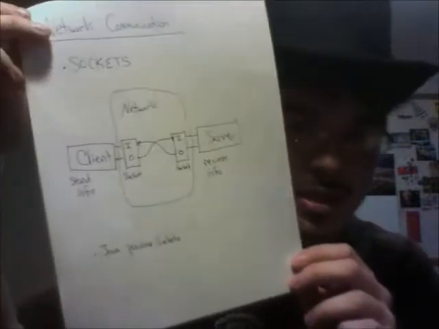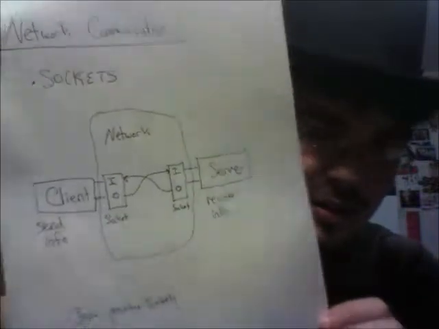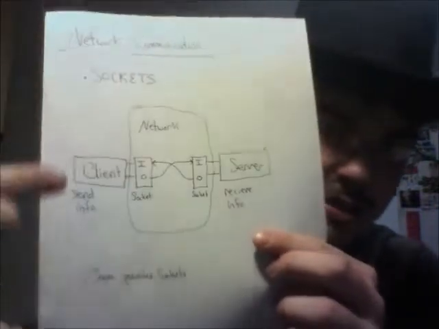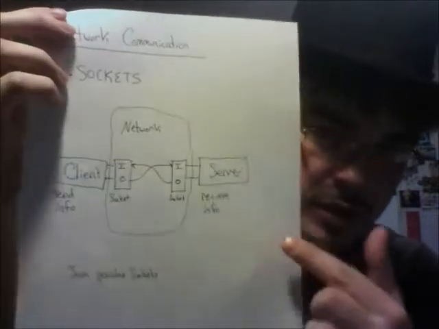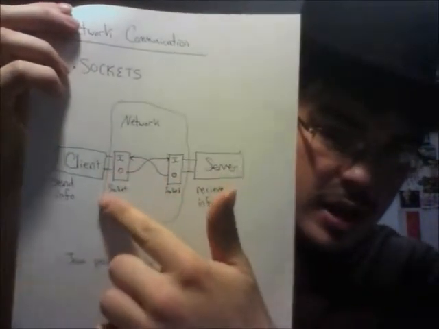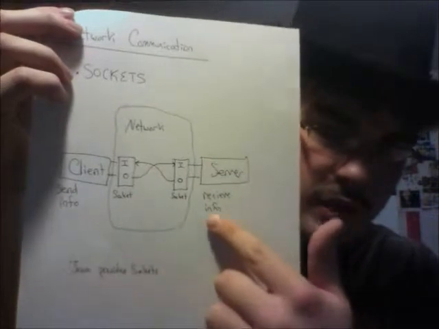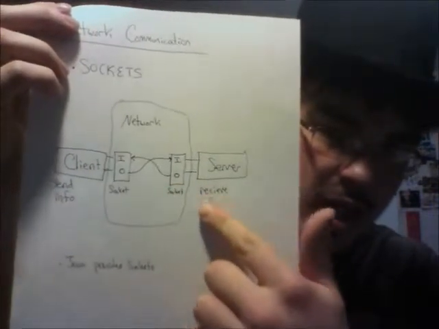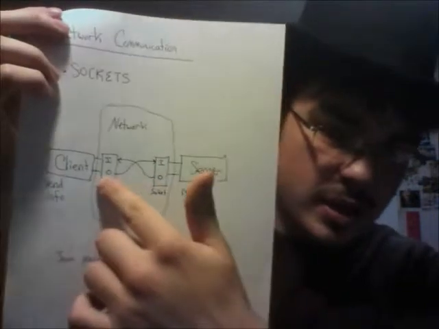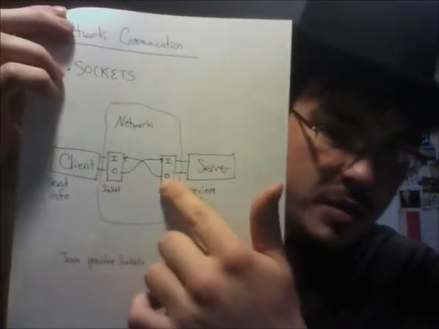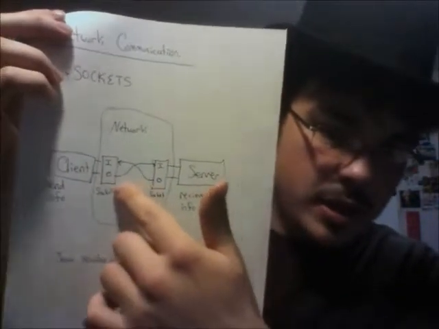Now, one of the big concepts behind this is network communication, and the way that happens is with sockets. So we have a client, which is basically the browser sending info to its socket, and the server receiving info on its socket. These sockets are connected because this socket knows this socket's name, and they communicate on the same port.